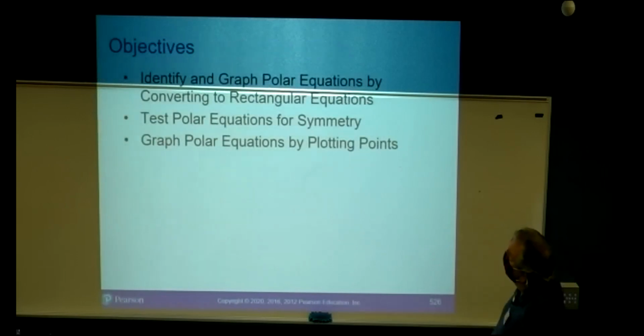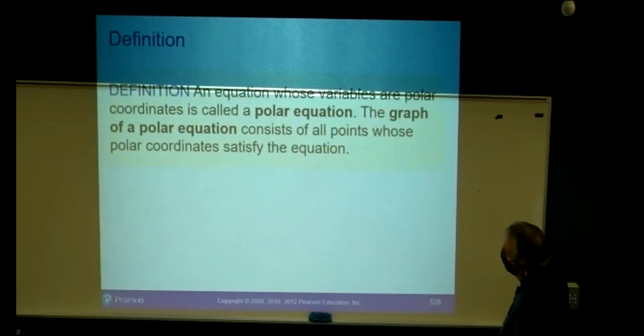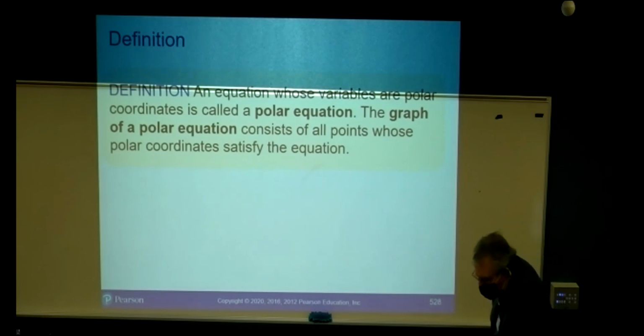Identify and graph polar equations by converting to rectangular. All right. So an equation whose variables are polar coordinates is called a polar equation. The graph of a polar equation consists of all points whose polar coordinates satisfy the equation.